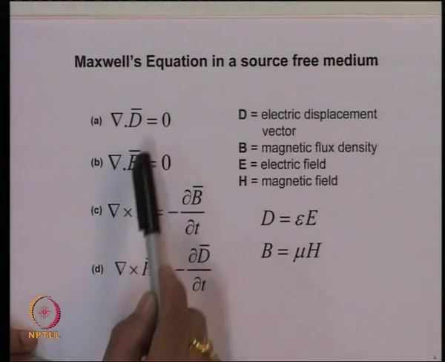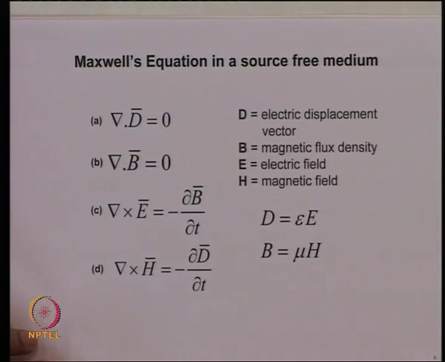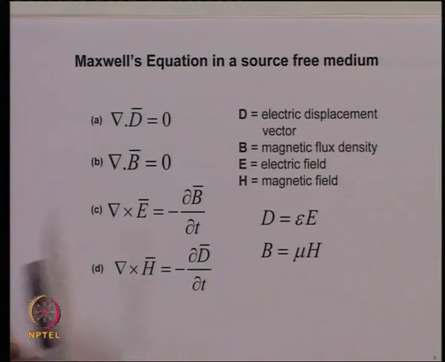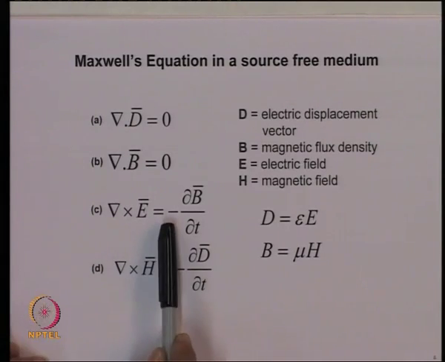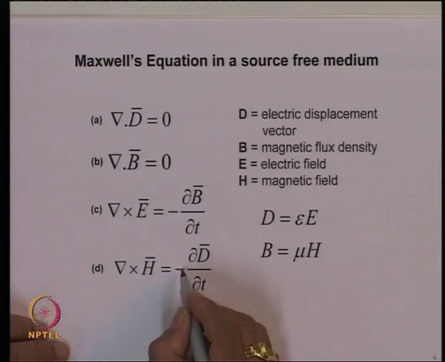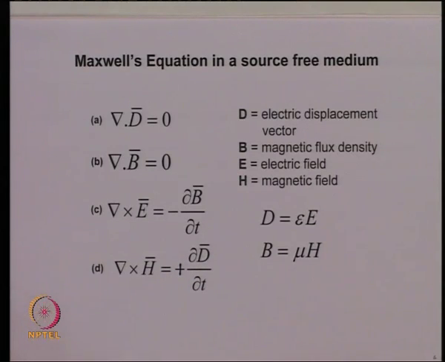These equations correspond to the Gauss law. Then we have Faraday's law of electromagnetic induction, which gives this Maxwell's equation: del cross E equal to minus dB by dt. And then we have the Ampere's law, which tells us del cross H is equal to plus dD by dt.